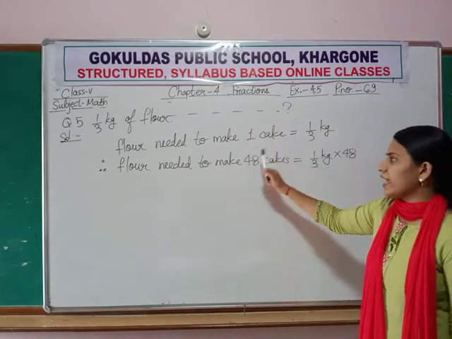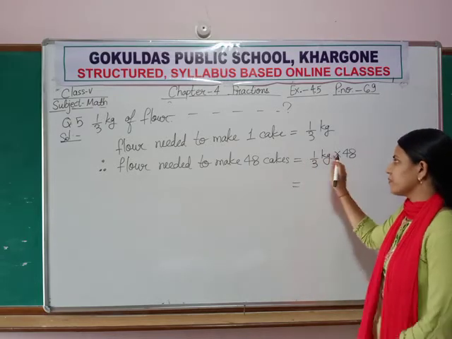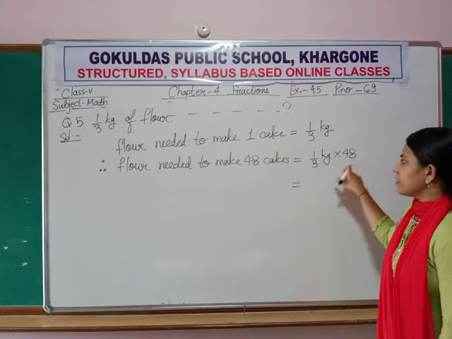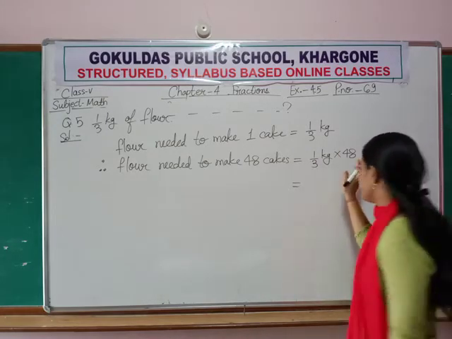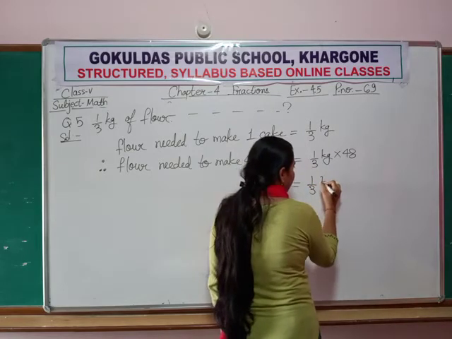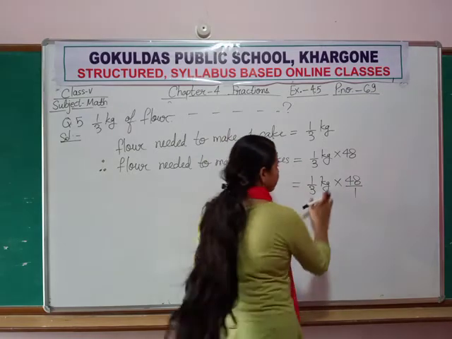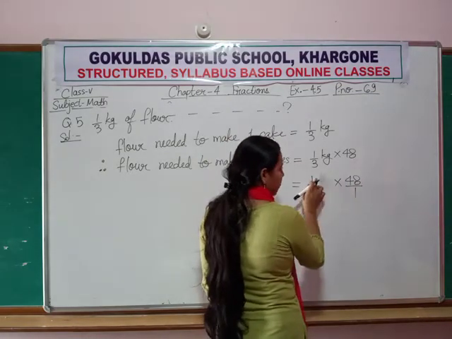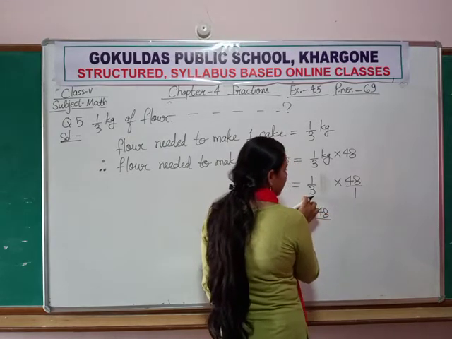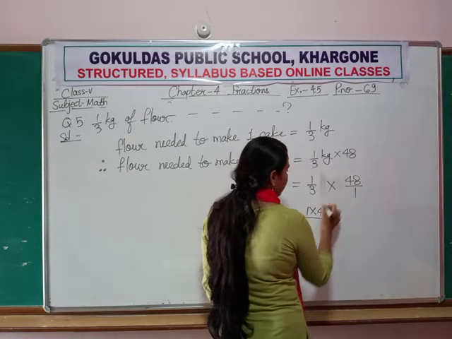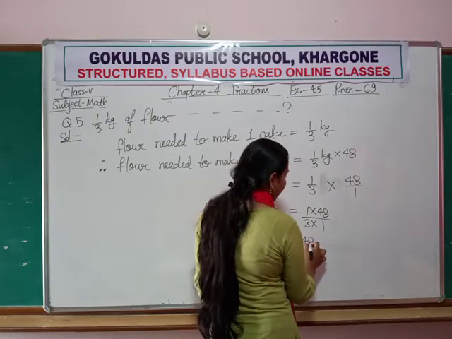Given for 1 cake and they are asking for 48 cakes, so we will multiply. 1/3 is a fraction but 48 is a whole number, so we can write 48 as 48/1. Now numerator gets multiplied with numerator, so 1 into 48 upon 3 into 1. 1 into 48 means 48 upon 3.